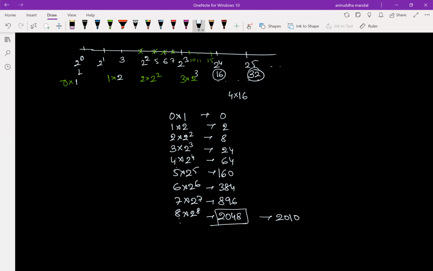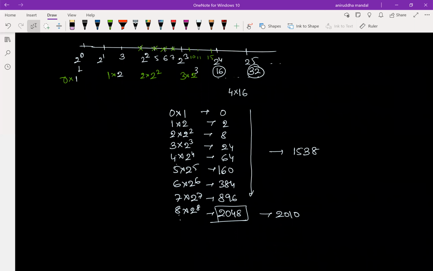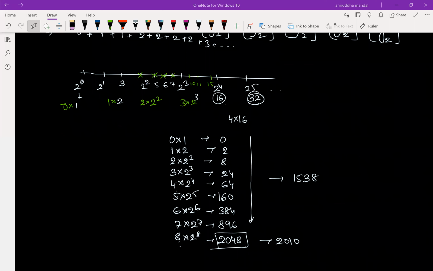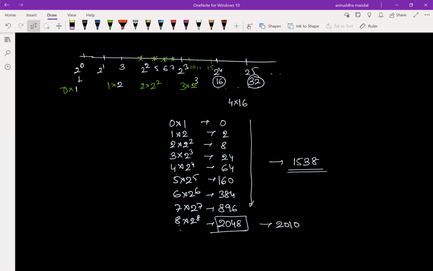So we have to add these numbers and check what we get here. So we get the sum as 1538. Okay, now we have to go to 2010.